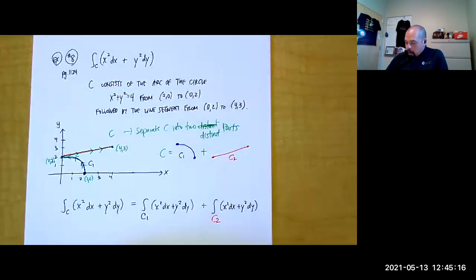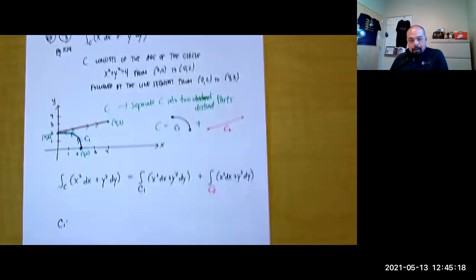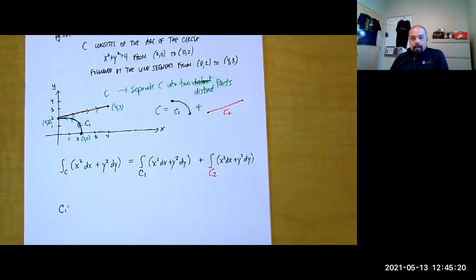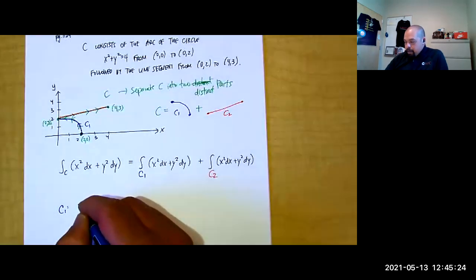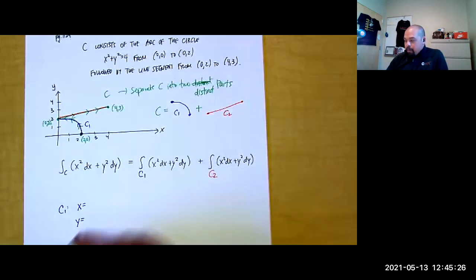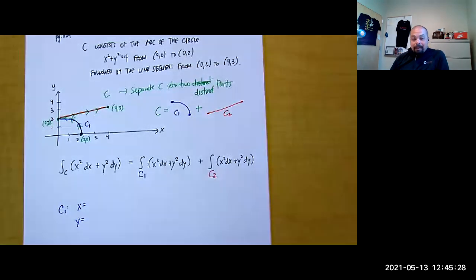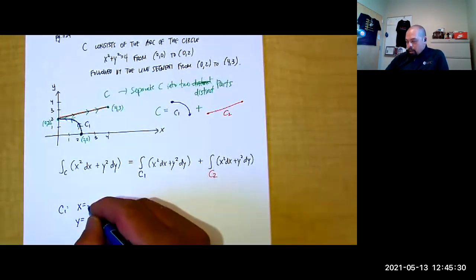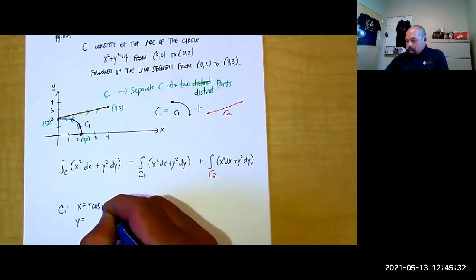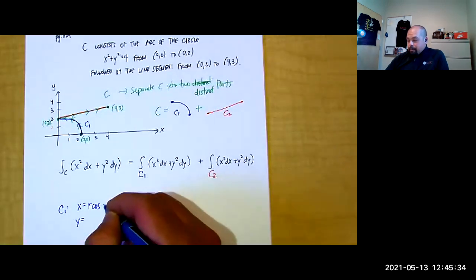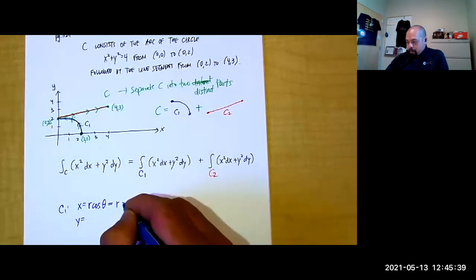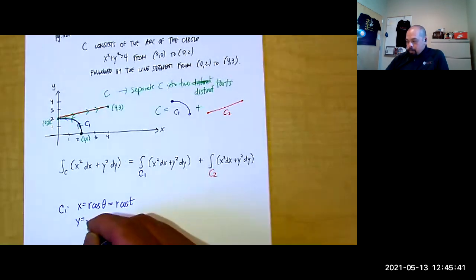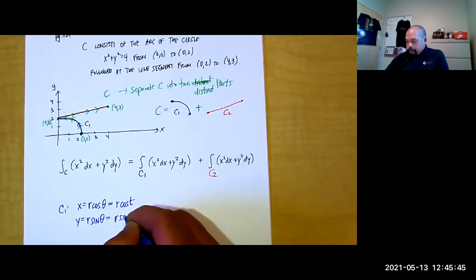And so let's start to work on the C sub 1, right? That circle with radius 2, our typical means of parameterizing circles are R cosine theta or R cosine t, R sine theta or R sine t, right?